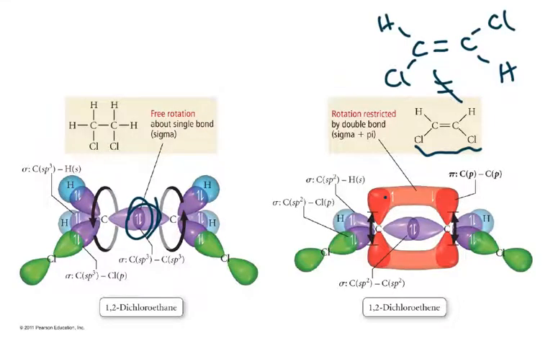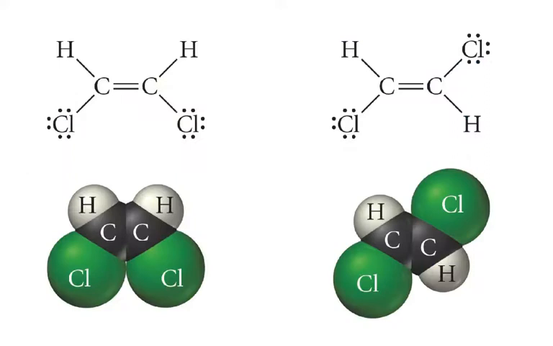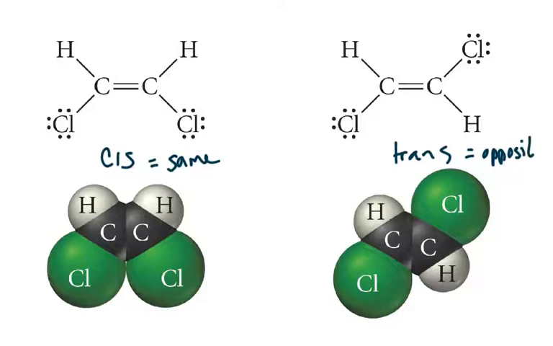They are isomers of each other. So here's that example. This is the cis isomer, this one is the trans isomer. So cis means same side, trans means opposite. So those 2 molecules are not the same.